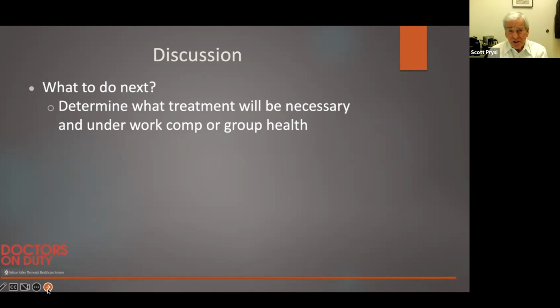So even if it turns out to be group health in the end, non-job related, care can be provided under work comp up to $10,000, and hopefully a decision is made during that time. We don't want to not treat the patient, and we would start under work comp if we're really not sure. So what to do next? Determine what needs to be treated.